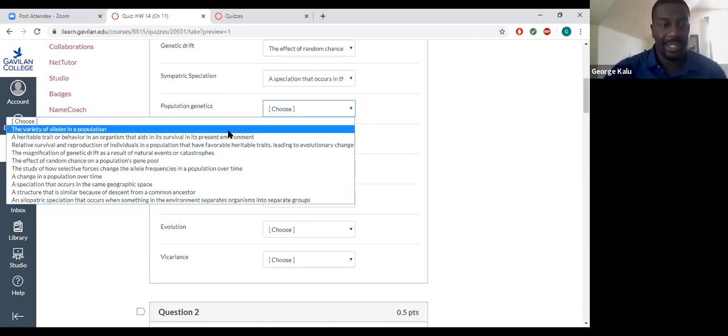All right. Anyone have an idea? So it's not the variety of alleles in the population. Kind of close though.